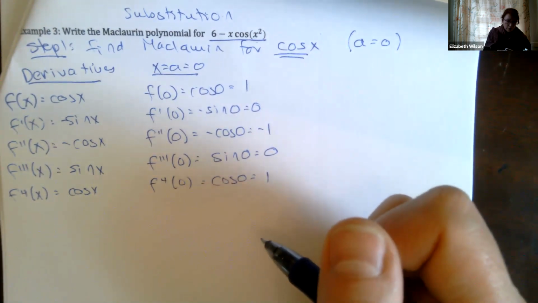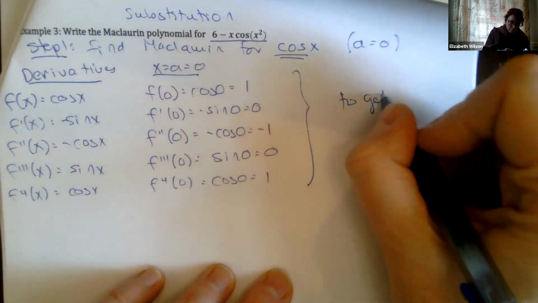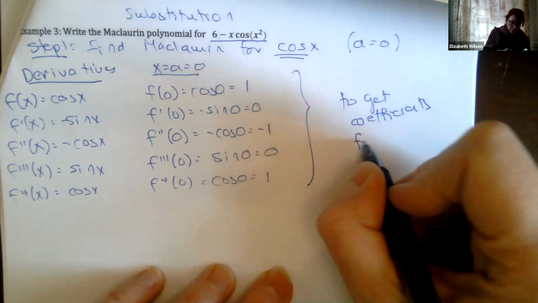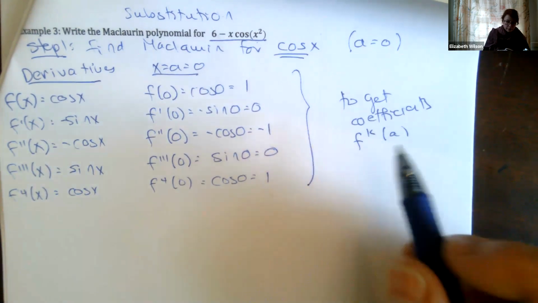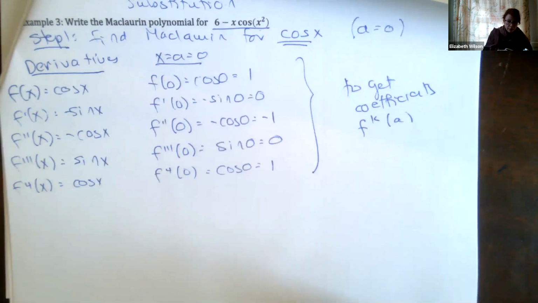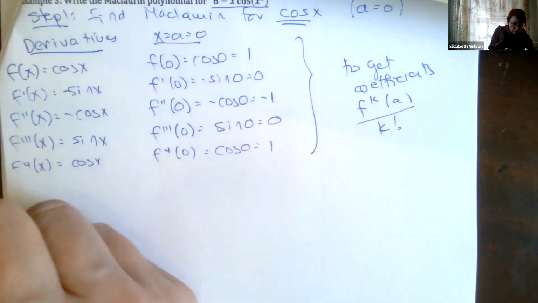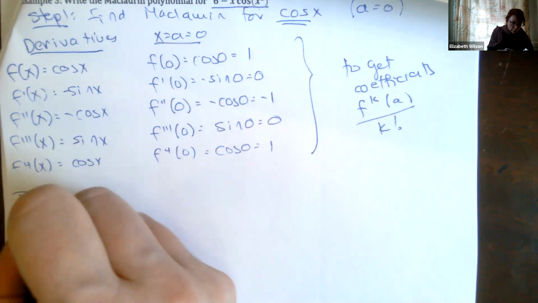Okay, so we're going to get the coefficients. I need that part of my coefficient, and I might as well put over k factorial because that's our whole coefficient. It's Maclaurin, right?